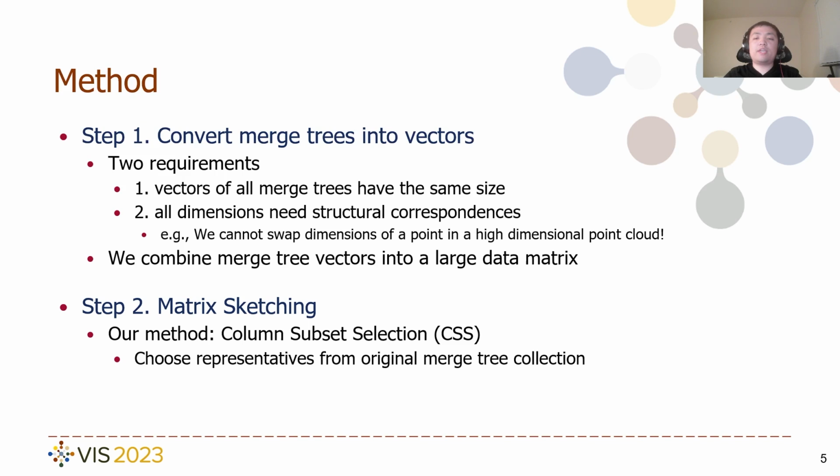Similarly, the vector we get from merge trees also needs structural correspondences. We then combine merge tree vectors into a large data matrix for data sketching. In the second step, we apply the column subset selection technique for matrix sketching. This method uses instances from the original merge tree collection as representatives.